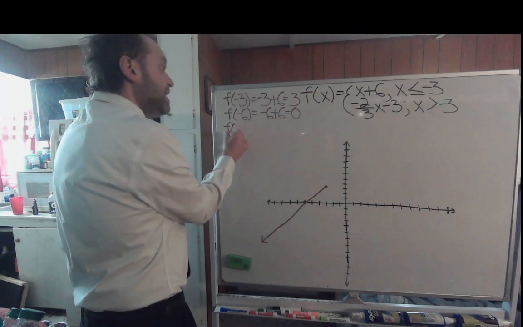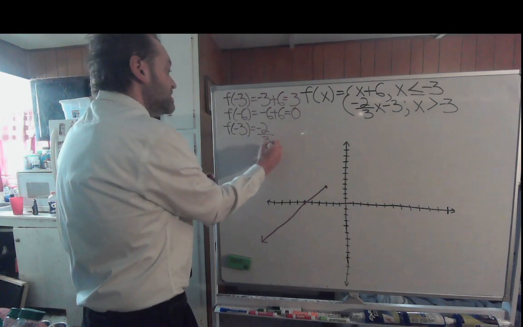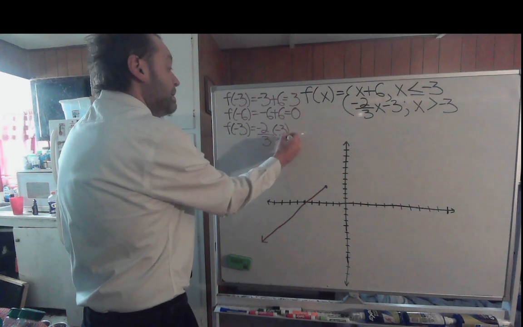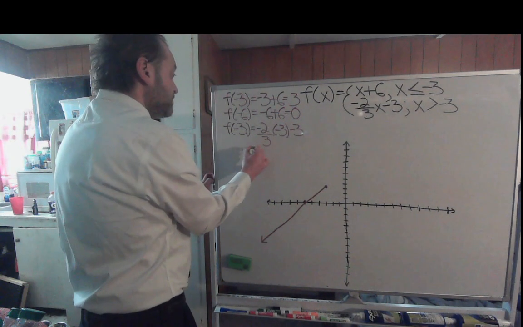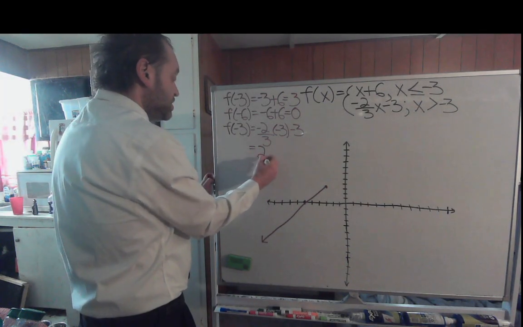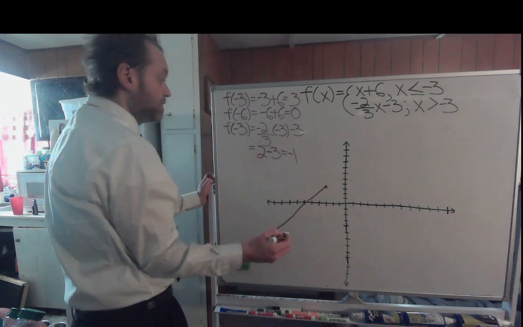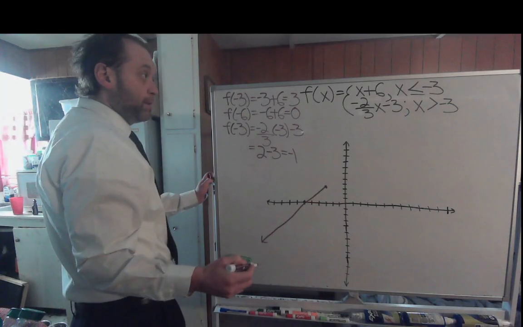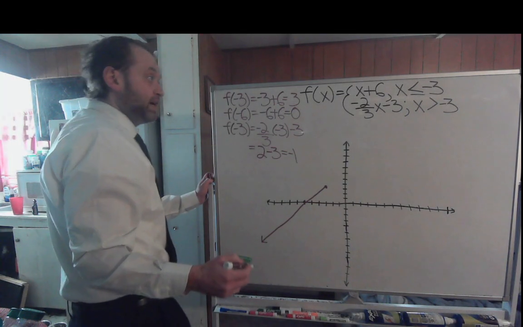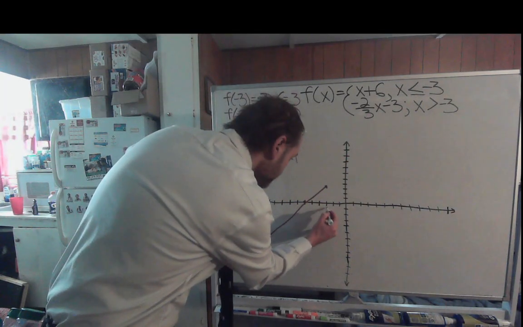So f of negative 3 would equal negative 2/3 times negative 3 minus 3. Well, that would end up giving you 2 minus 3, which would give you negative 1. So if you put in negative 3 into the second bottom function, you get negative 1.